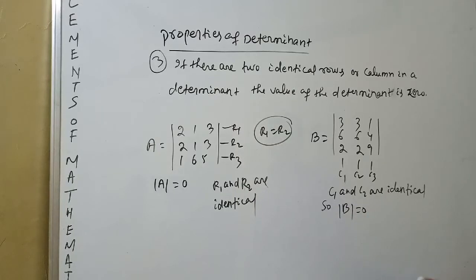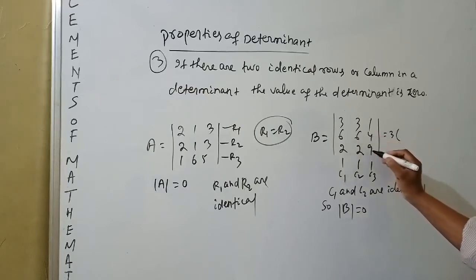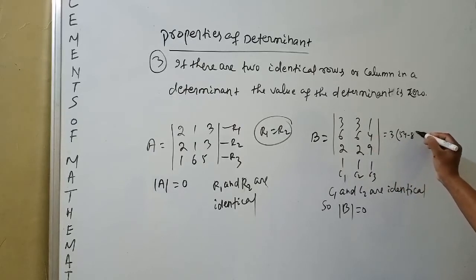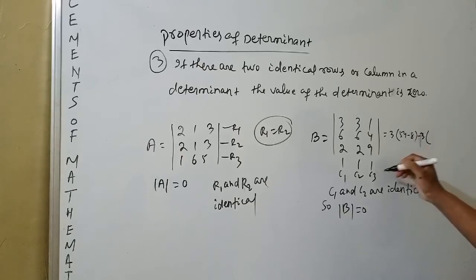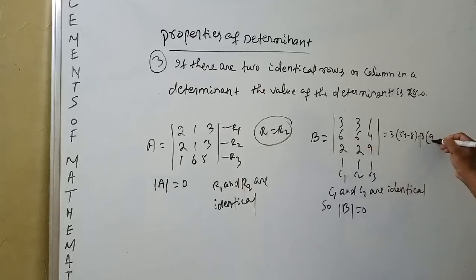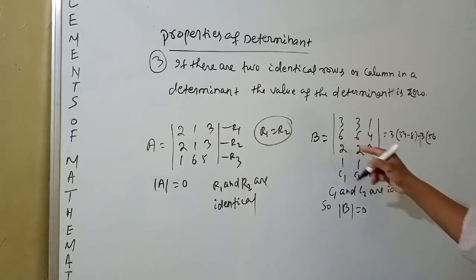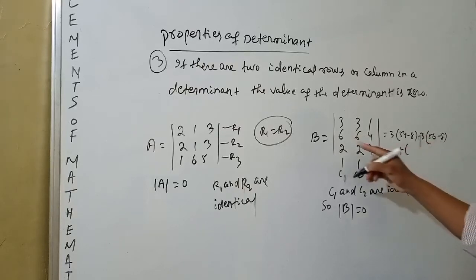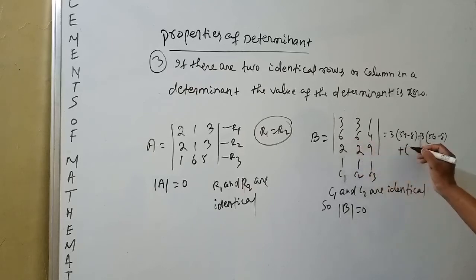Let us calculate. Is equal to, you see, 3 into 54 minus 8, minus 3 into 54 minus 8, plus 1 into 12 minus 12, 0.